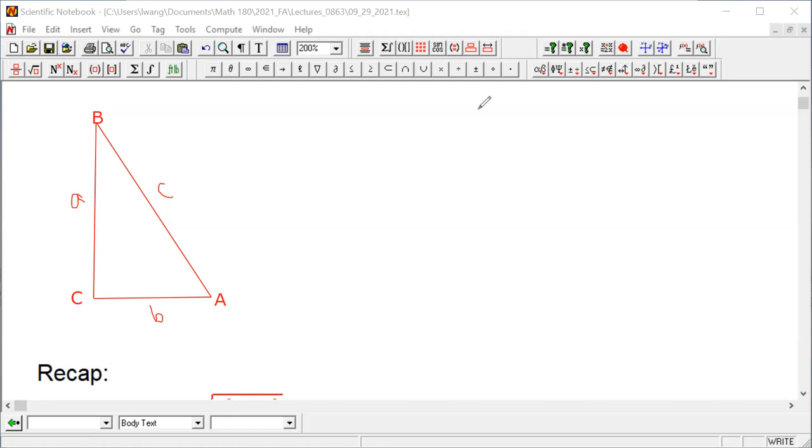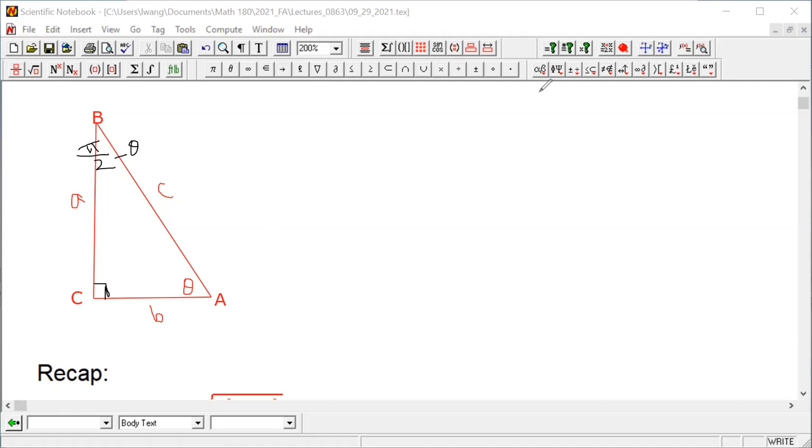So if I have a theta here, what would be this other angle? This angle B is going to be pi over 2 minus theta, because these two are complementary. This is a right triangle.